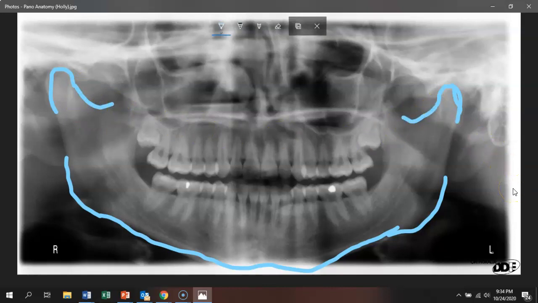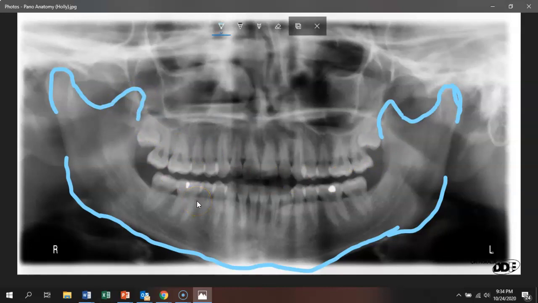Now take a second to point out the coronoid notch or coronoid process. It's more obvious on this side here, the coronoid process. It's a little fuzzy over here, but it would roughly be in there.